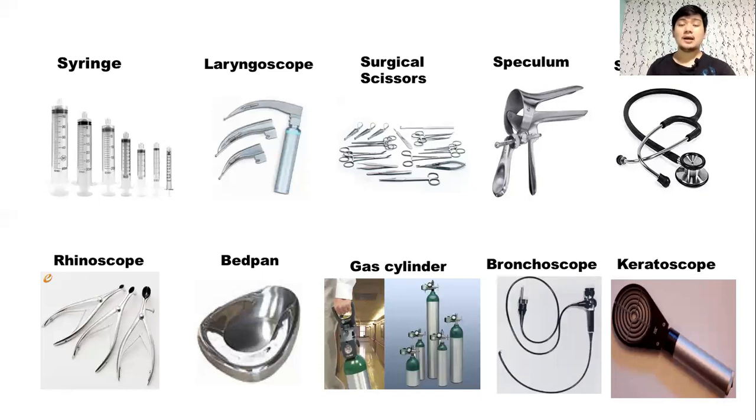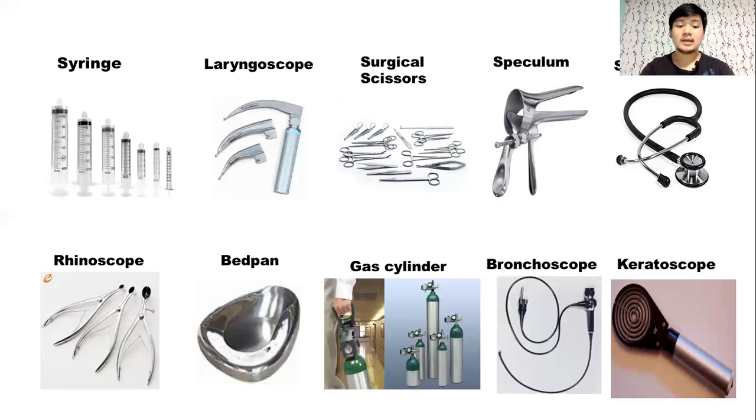It is a special instrument used to examine the nasal passage. Next is bedpan. A bedpan is a shallow vessel placed under a bedridden patient to collect feces and urine.